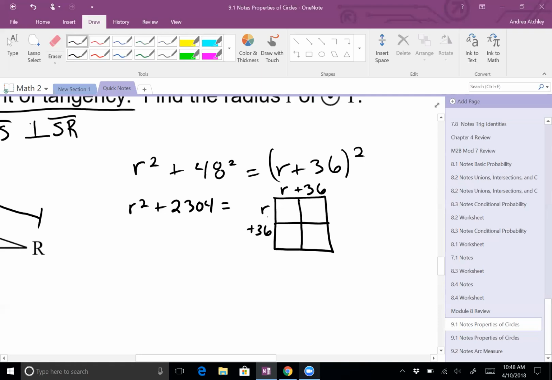So we would do R times R to get R squared. And then 36 times R is 36R. R times 36 is 36R. And 36 times 36 was 1,296.